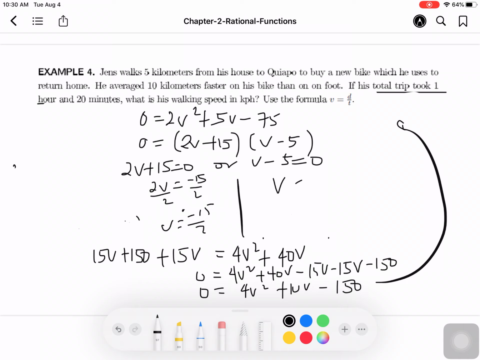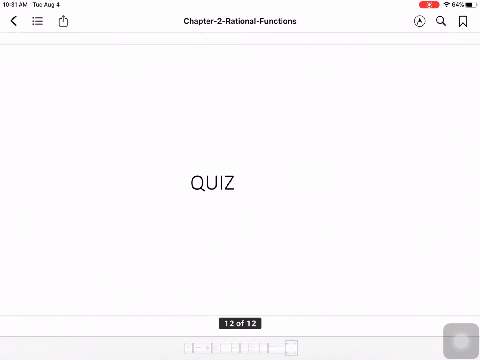And the other one, V equals 5. Take note, this will be rejected because there is no negative speed. Okay? Rejected. This will be an extraneous root. So our answer is 5. So his walking speed is 5 kilometers per hour. Then prepare for a quiz.